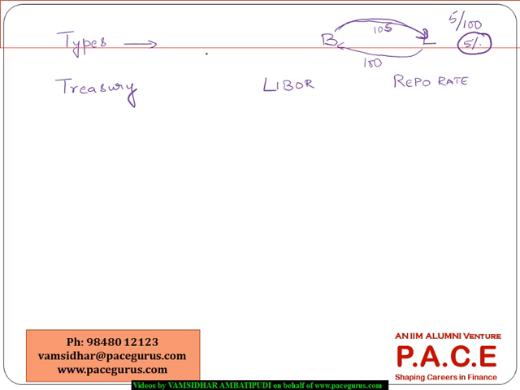Now what we typically see is the interest rate number is different in different contexts. Probably when I am talking about depositing my money in a bank, the interest rate would be different. If I am taking a housing loan, the interest rate could be different.